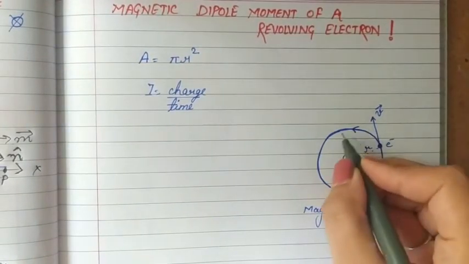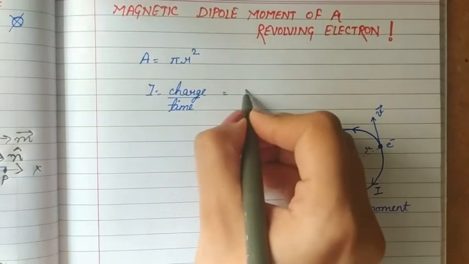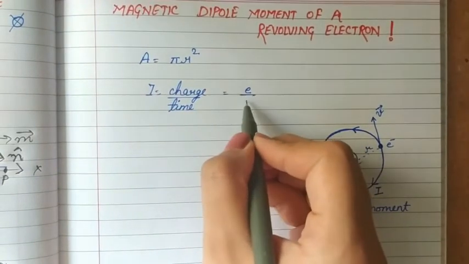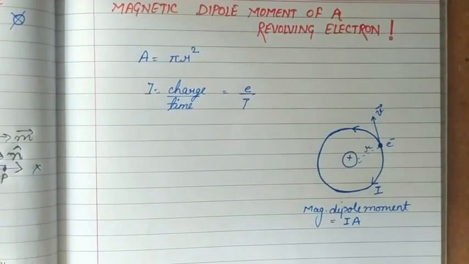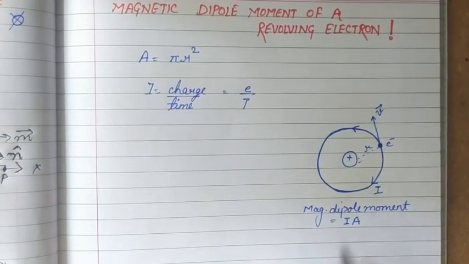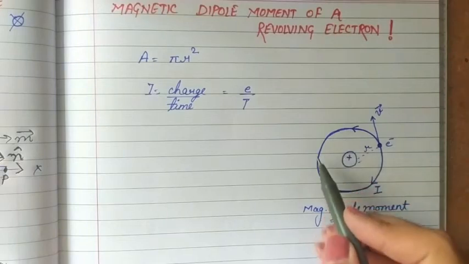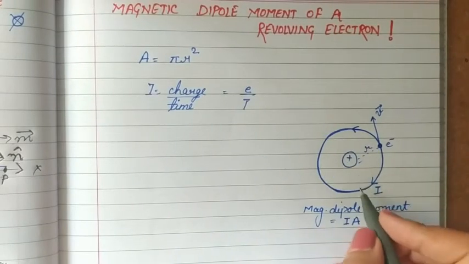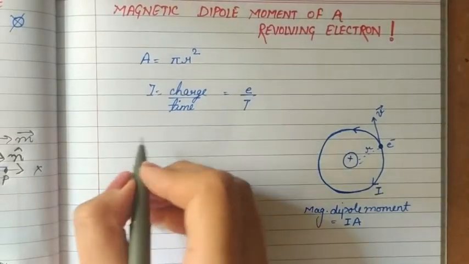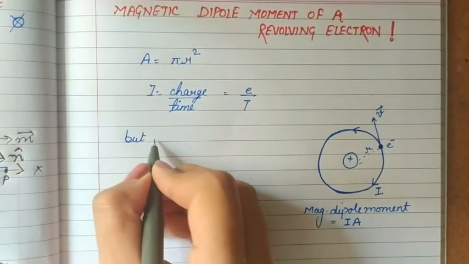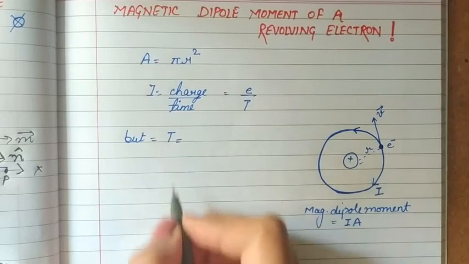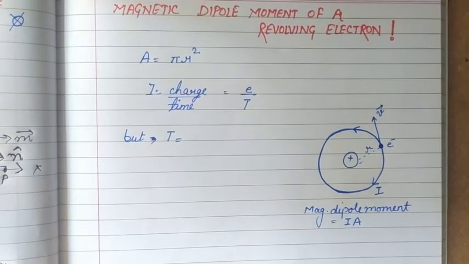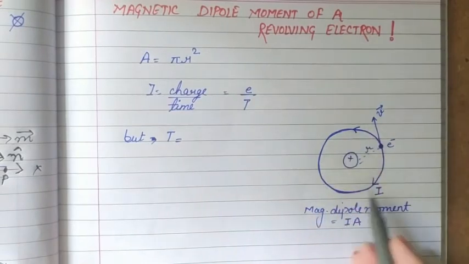In case of electron, the charge revolving is small e, and time is actually the time period of revolution. So capital T is the time taken by that electron to complete one revolution, and we also know it as time period of revolution. Now this time period of revolution can be represented as the total distance traveled in one cycle upon speed.